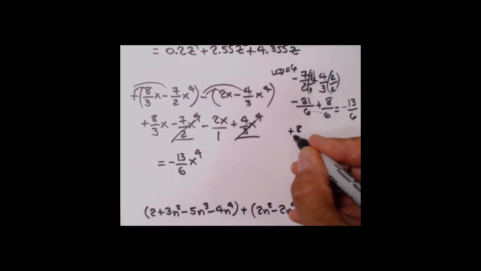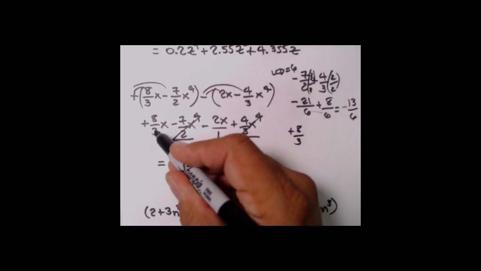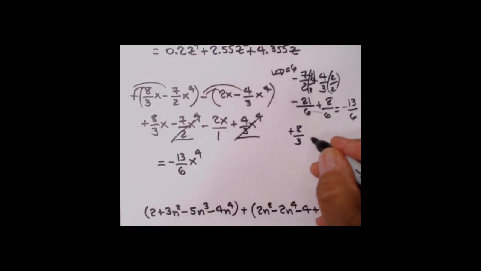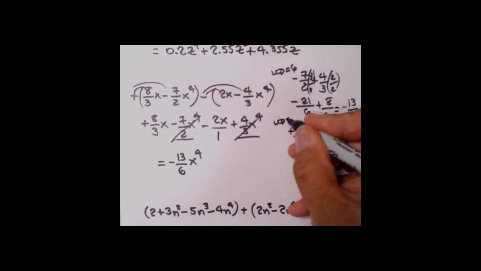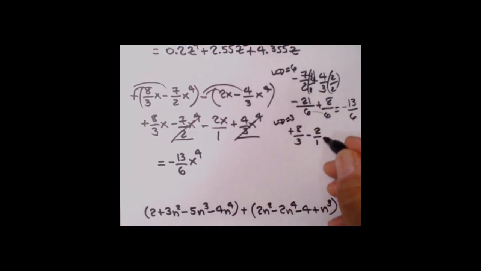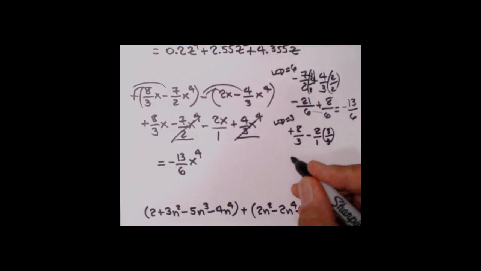Plus 8/3, that's the coefficient of the first x, minus 2 over 1, that's the coefficient of the second x right here. Well, the LCD is 3, and one of them is already there. So the only thing we have to do is multiply the second one by 3 over 3.